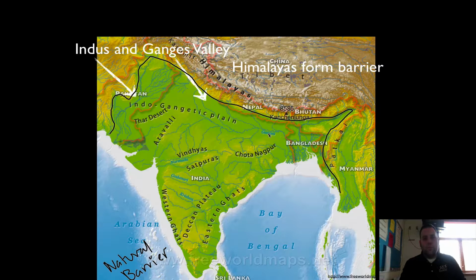A monsoon is a seasonal wind. In the summertime, the monsoons blow from the oceans and bring all of this moisture in, and this is when it rains. So let's draw a little rain cloud here. When these winds are blowing, it's raining like cats and dogs in India.